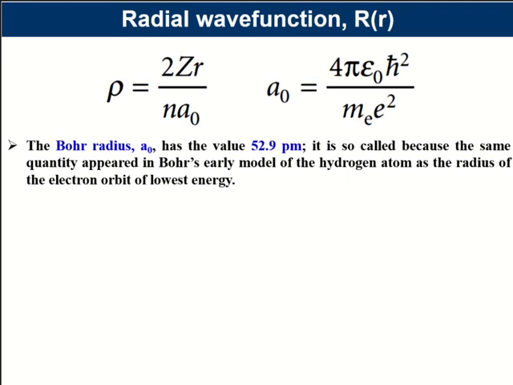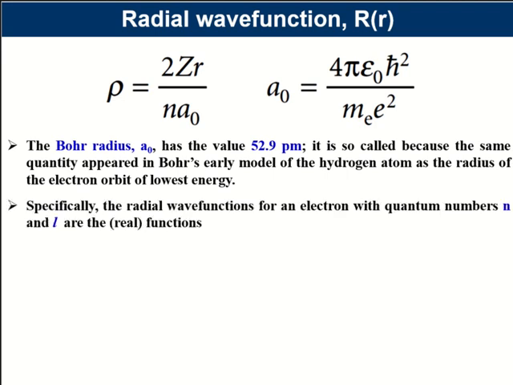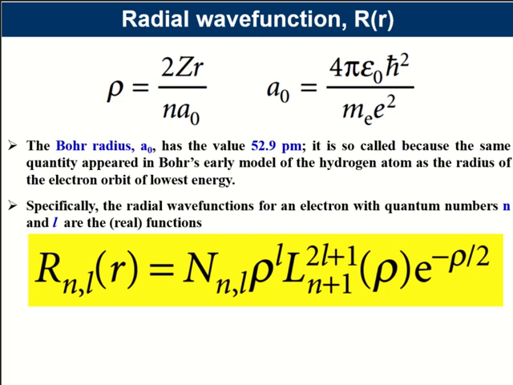It's the same as appeared in Bohr's model. So the radial wave functions for an electron with quantum numbers n and L are functions that have a normalization constant and then the r to the power L term.